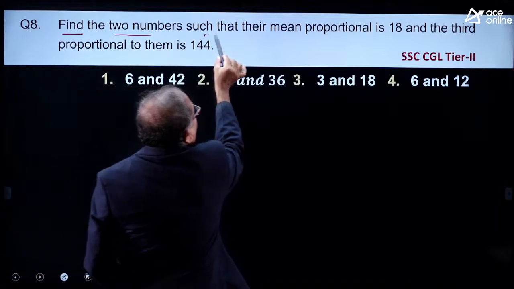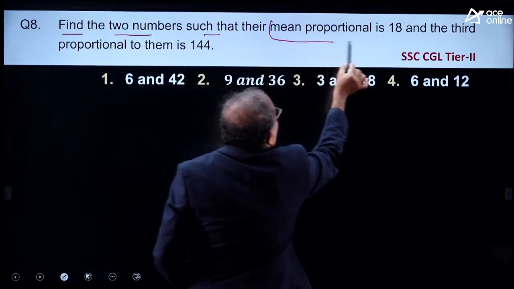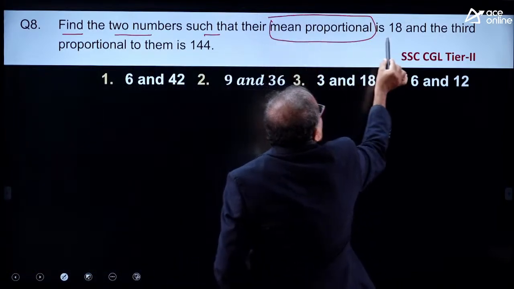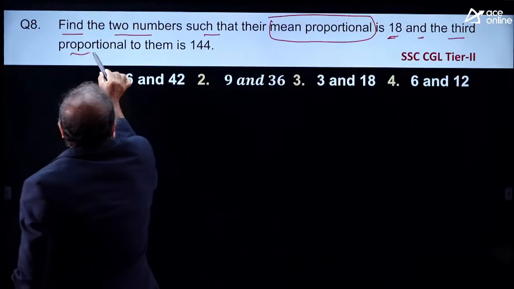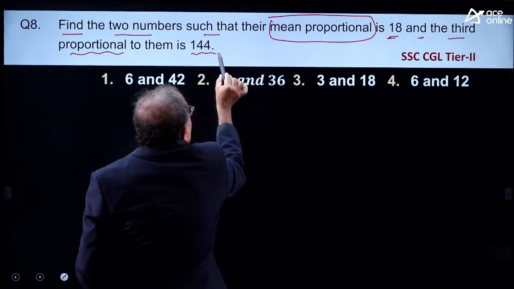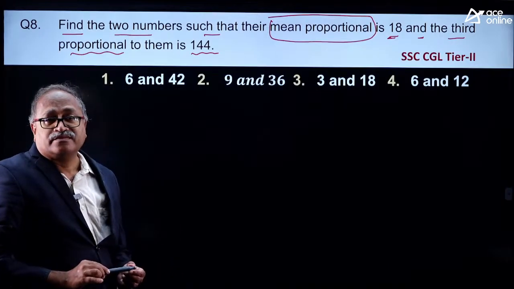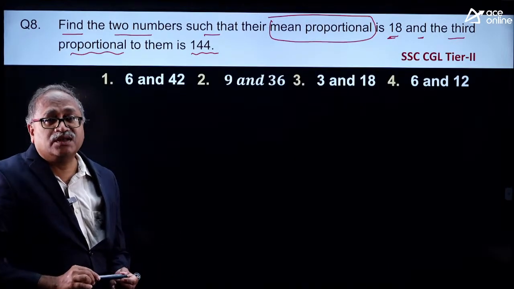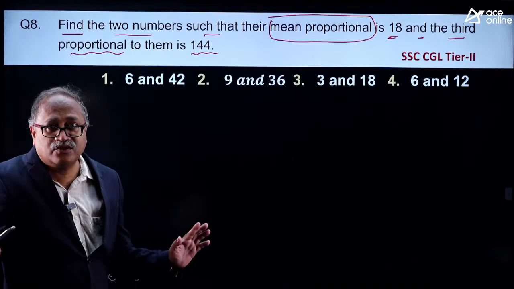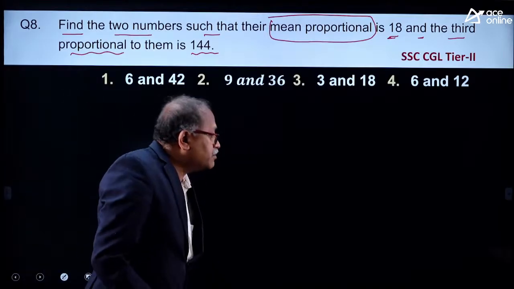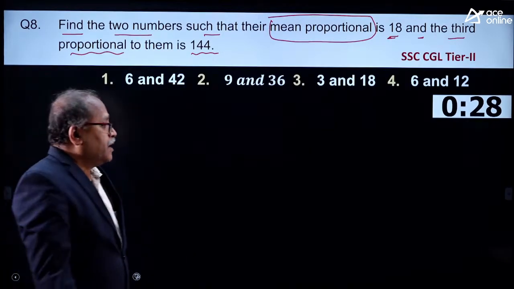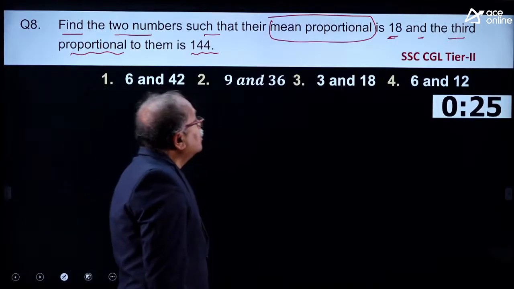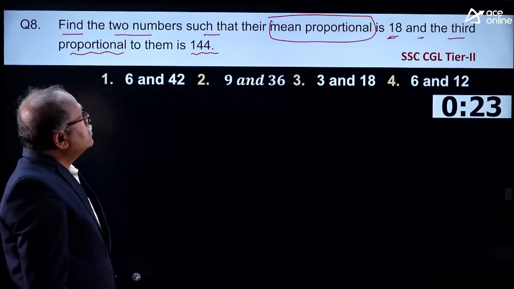Find the two numbers such that their mean proportion is 18 and the third proportional is 144. Probably you will think how to answer this question. Okay, no issue. Think of it. I am giving you 30 seconds to think of it, and after that you will learn how to get the answer.